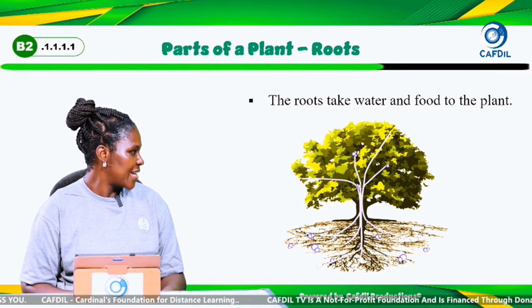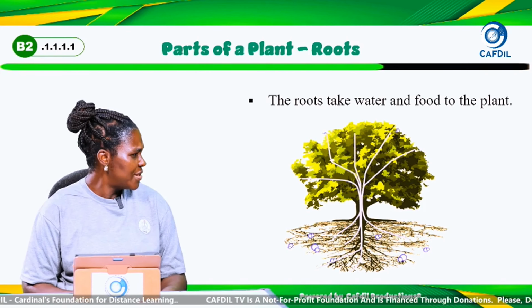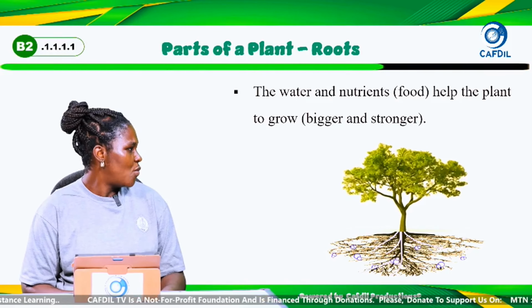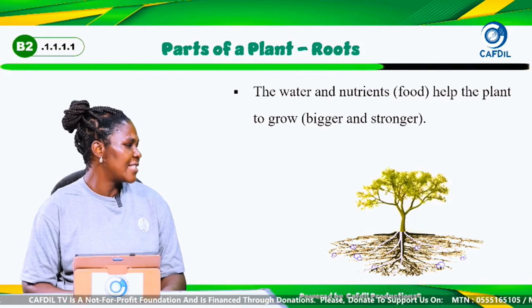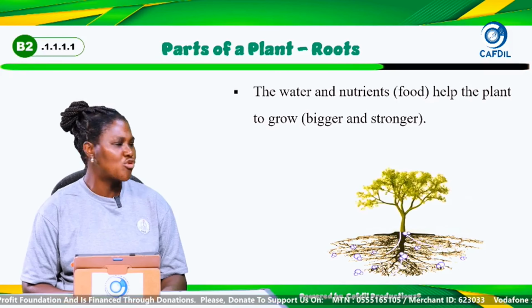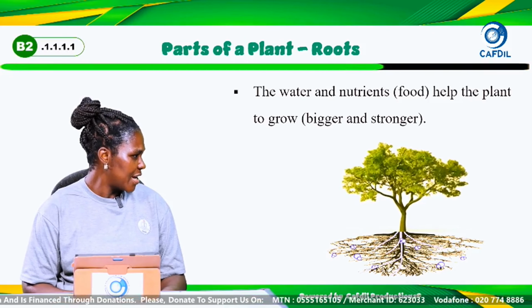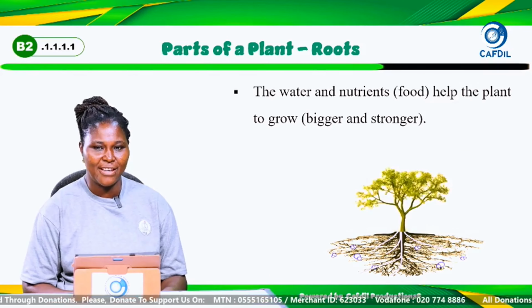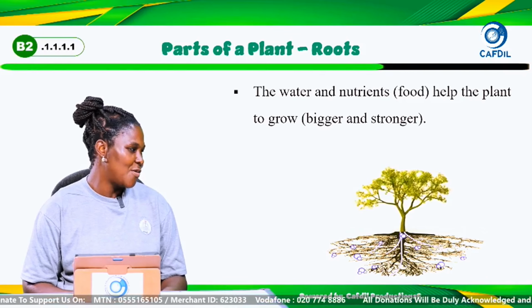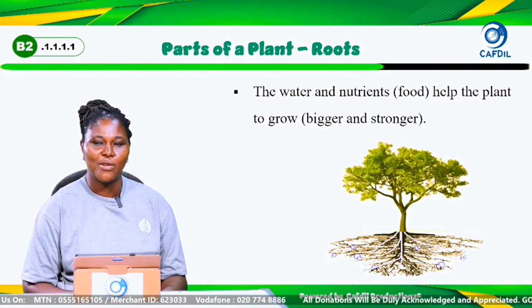So as we can see, the roots take water and food to the plants. The water and nutrients, that is the food in the soil, help the plant to grow bigger and stronger. As you eat, when you were a baby, you ate and you are now a big girl or boy.